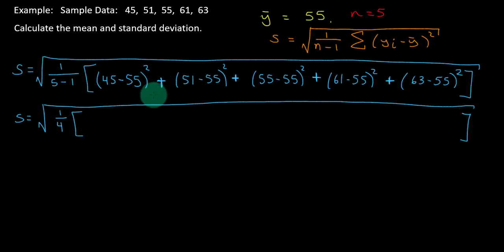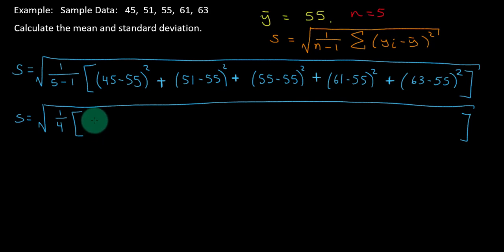Okay, we've done the hard part, transcribing our information into this formula correctly. The bulk of the work is going to occur in these big bracket parentheses. We're going to take these subtractions and then square them.